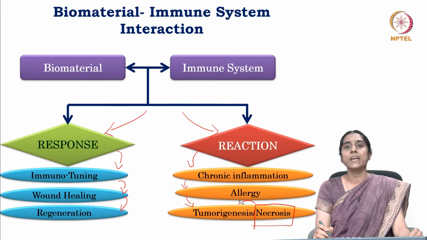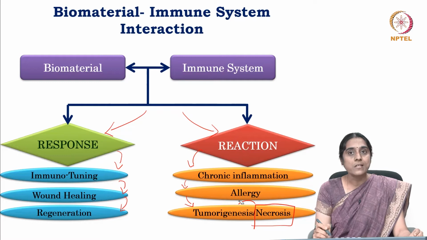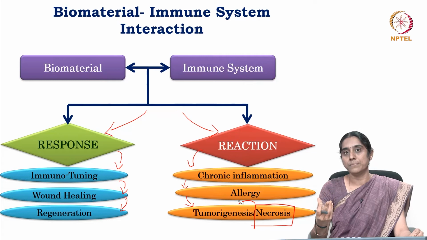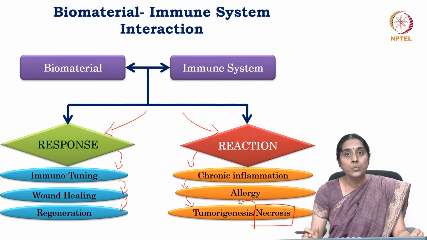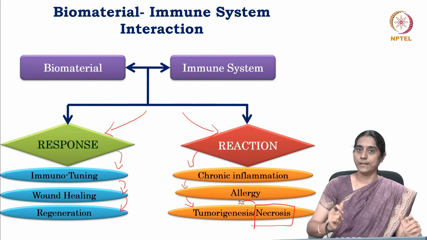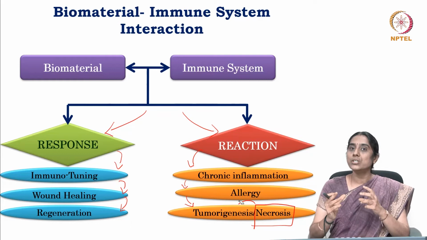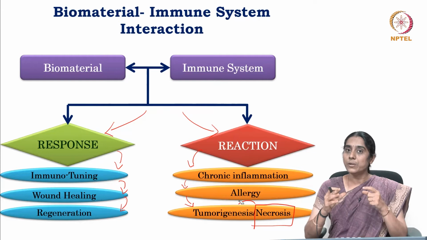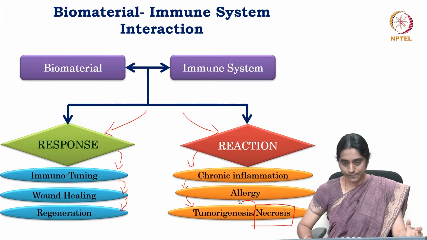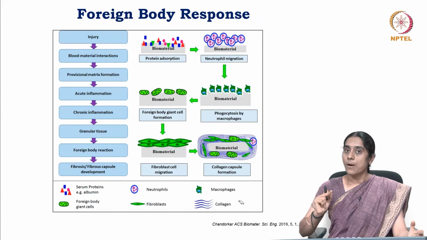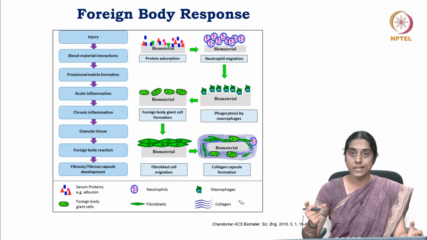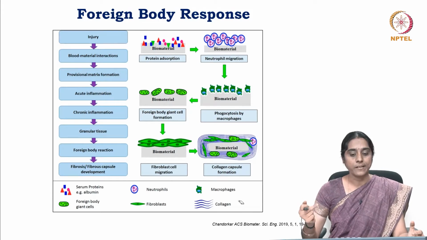And in extreme cases, even tumorigenesis happens. Initiation of tumor formation happens because of adverse immune reaction towards the biomaterial. So now you understand why the interaction of biomaterial with the immune cells and other host cells is very important. So the immune interface with biomaterial has to be elaborately studied before it is translated to the bench side.